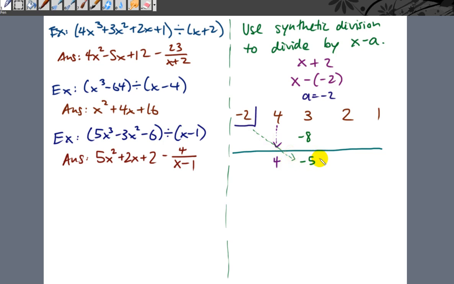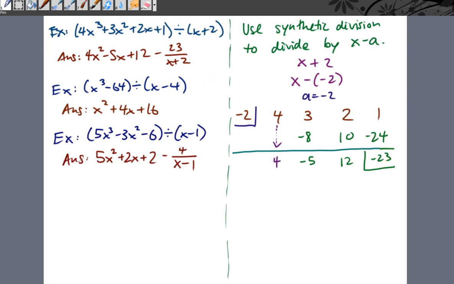Now we multiply this number by that number, and that gets us 10. So 2 plus 10 is 12. Next, we multiply negative 2 times 12, and that's going to be negative 24. So 1 plus negative 24 is negative 23.